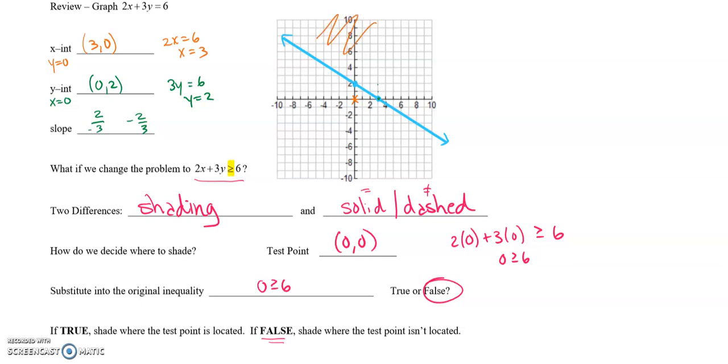So then I would shade on the other side of the line. If my test point is true, meaning it works, then I want to shade on the same side as the test point. And you can pick whatever point you want for your test point. You just need to make sure you know which side of the line it falls on.